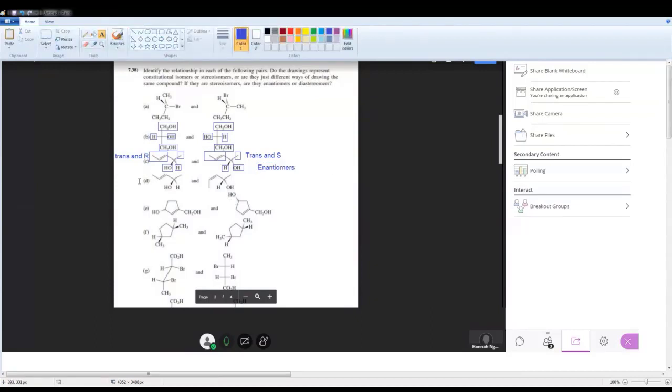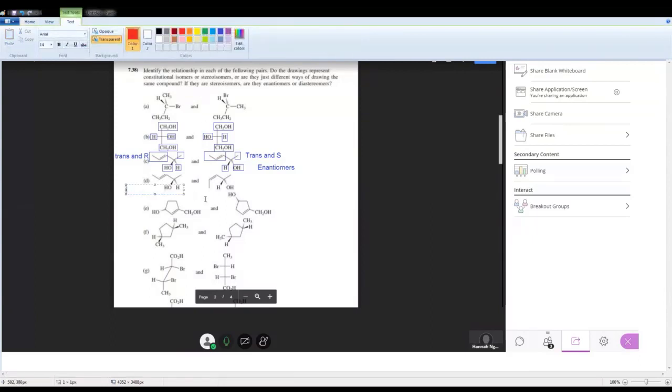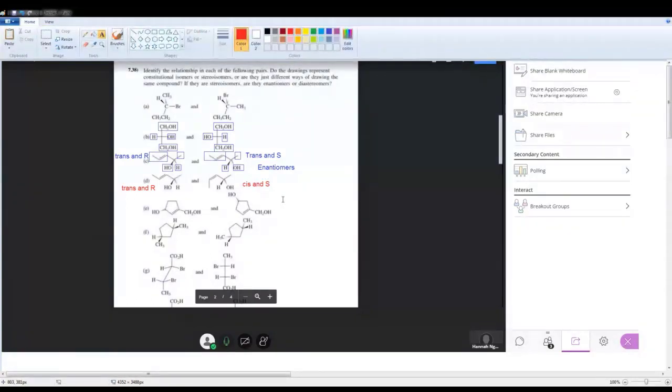As opposed to for D, the one on the left is trans and R. But the one on the right is cis and S. So because it's trans and R and cis and S, these are actually not enantiomers.